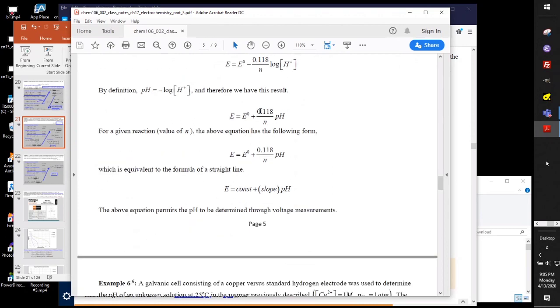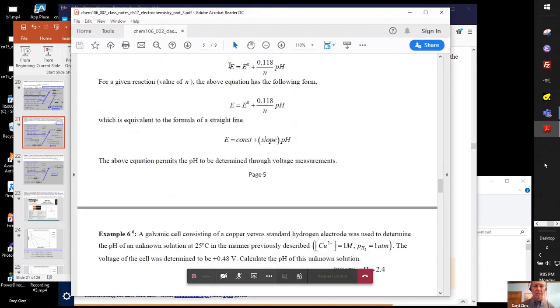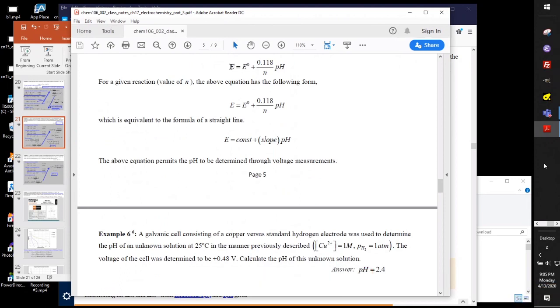And we have a minus log concentration of H plus, which is the definition of pH. So now we can relate the voltage E to pH. We have this handy expression here, and we can use that to measure pH with a lab battery.